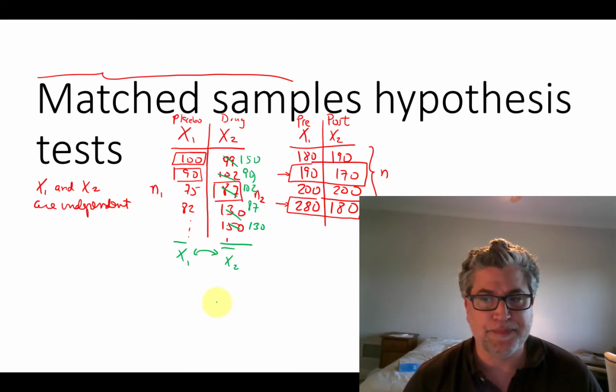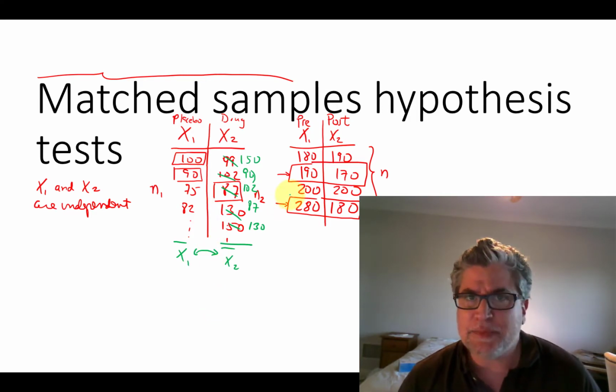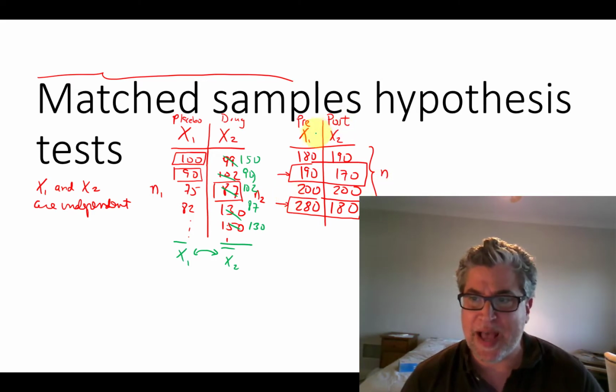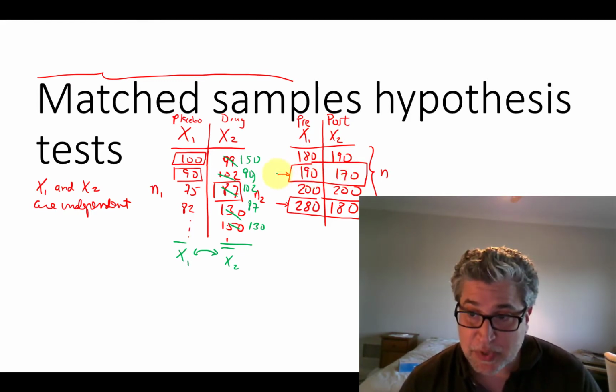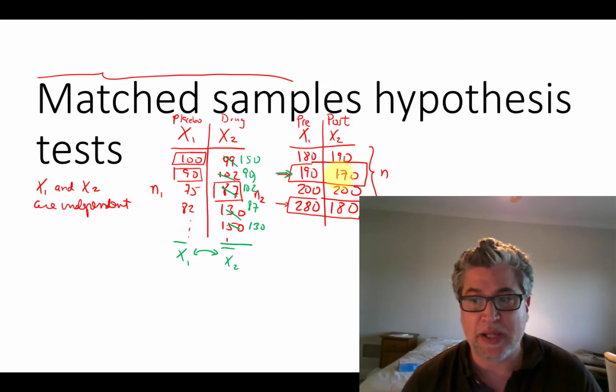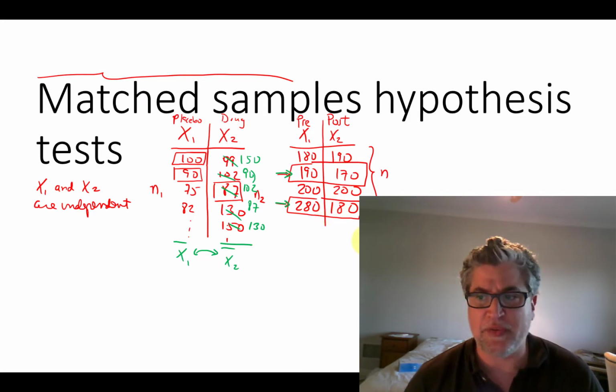In this particular lecture, instead, what we have is a matched pair. 190 has to go with 170 because this represents a particular person who lost 20 pounds. This represents a particular person who lost 100 pounds. We couldn't reshuffle this.